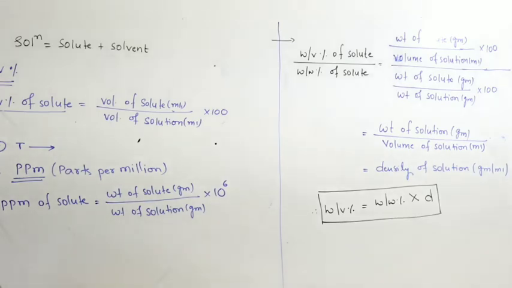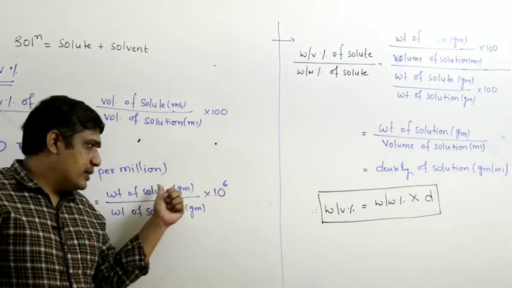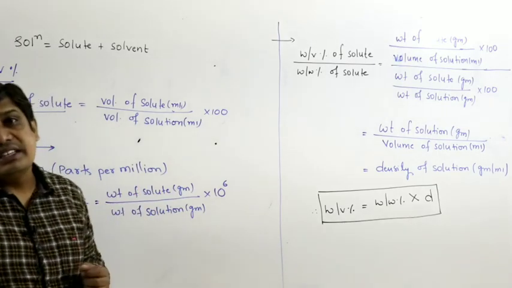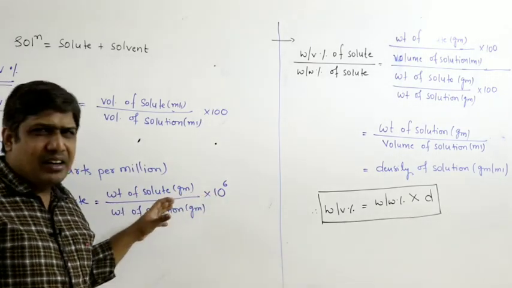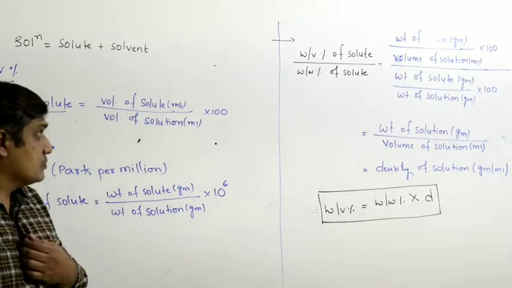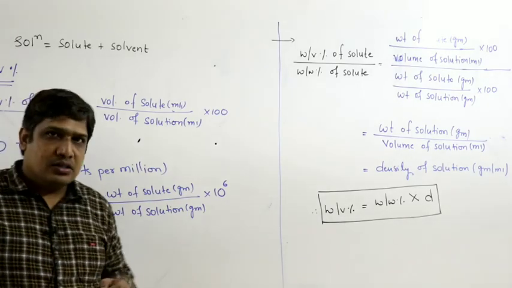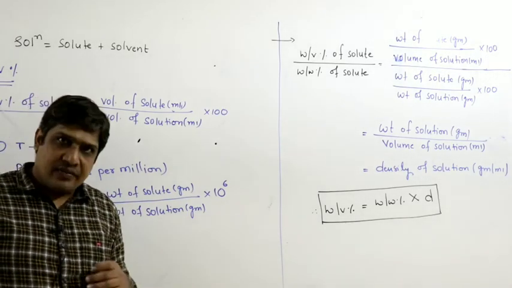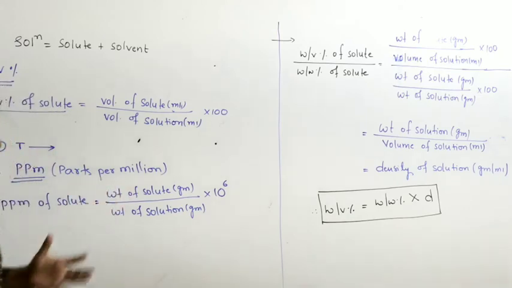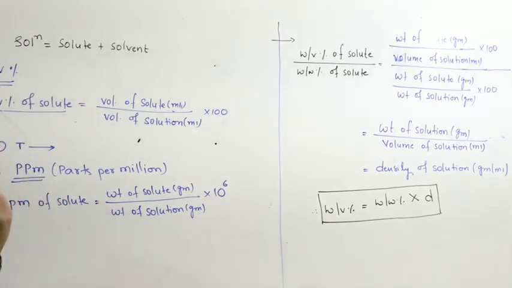The purpose of multiplying with 10 power 6 is to make this ratio significant. If you multiply with 100, it appears very small or negligible. But that small amount is sufficient to cause considerable chemical effect. Therefore, we express very dilute solutions in ppm, parts per million.